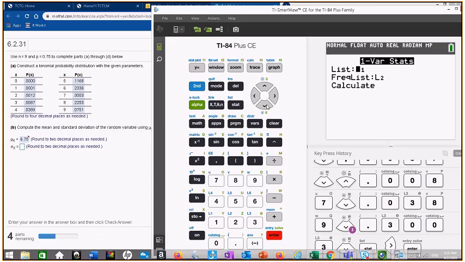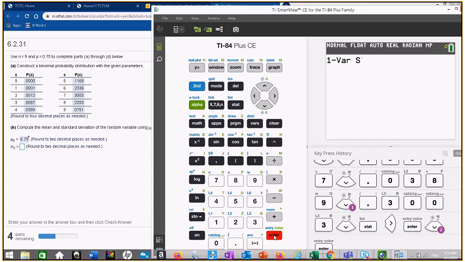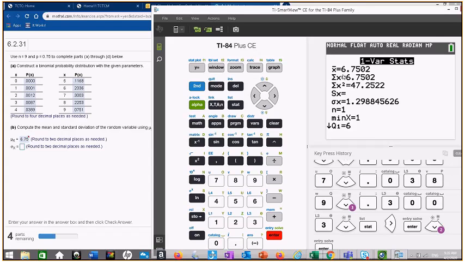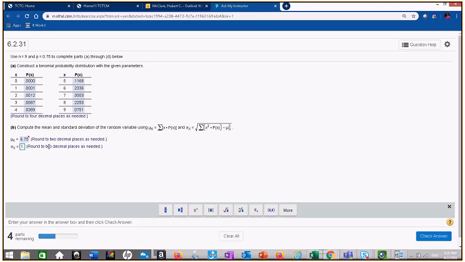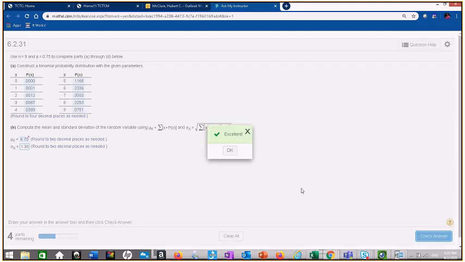And calculate. 6.75. There we go. And 1.3. 1.30. There we go.